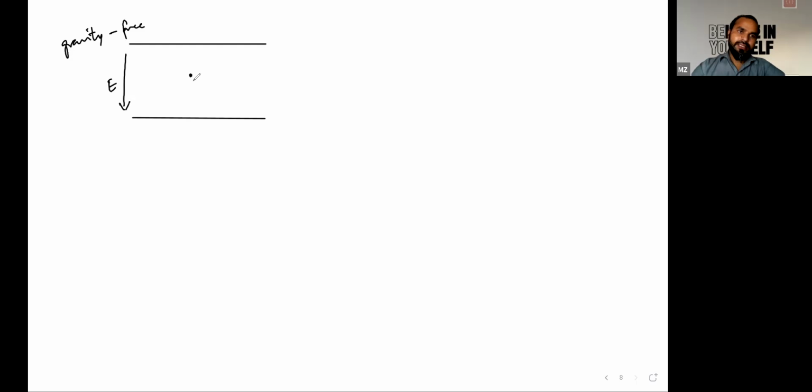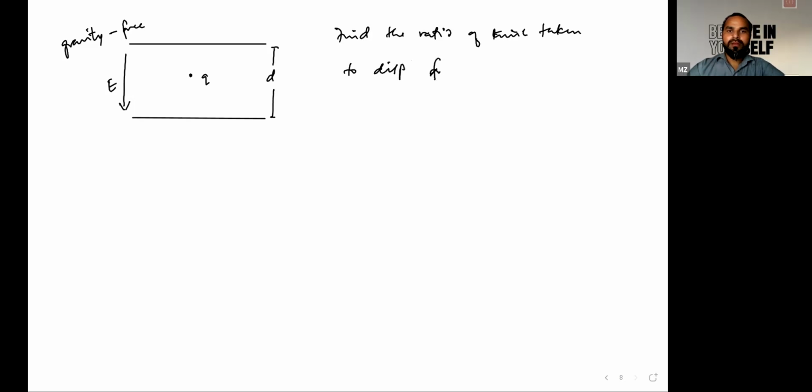Now, if a charged particle is displaced along this direction from one terminal to another terminal, let's say the charge is Q, they will ask you to find the ratio of time taken to be displaced from one to another if it is an electron and if it is a proton. Take the initial velocity of the particle to be 0.